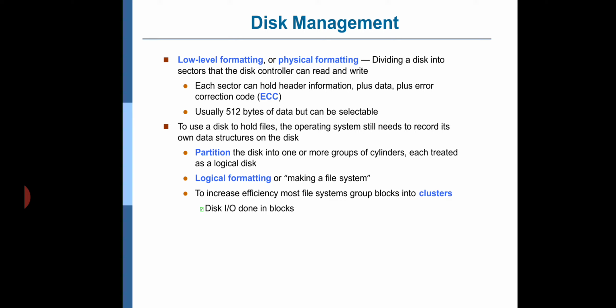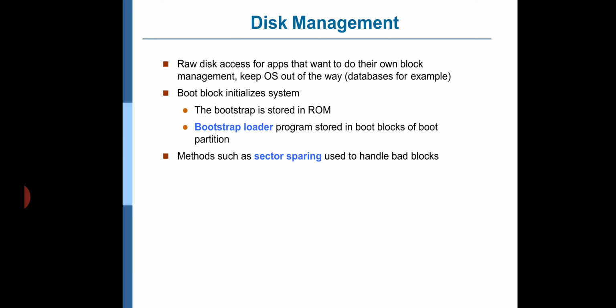Partition the disk into one or more groups of cylinders, each treated as a logical disk. Logical formatting makes a file system. To increase efficiency, most file systems group blocks into clusters, and disk input output is done in blocks. Raw disk gives access to applications that want to manage their own blocks, keeping the OS out of the way, for example a database.